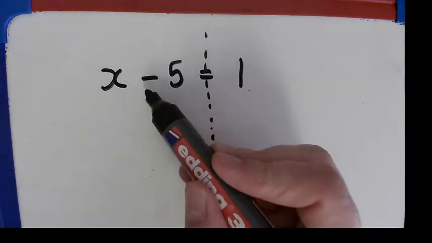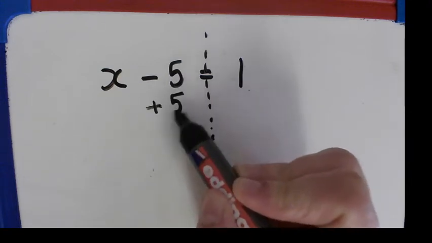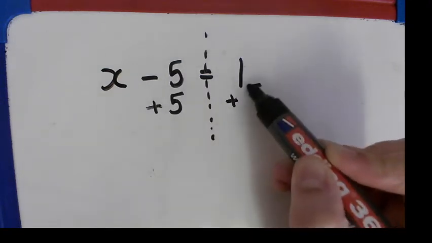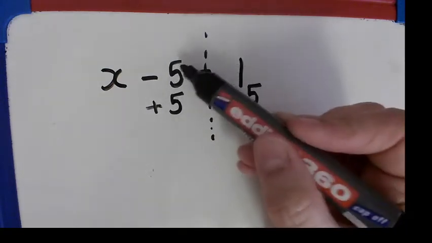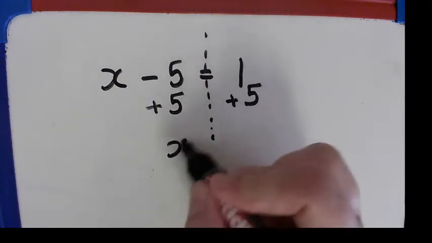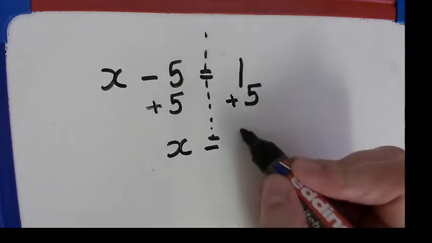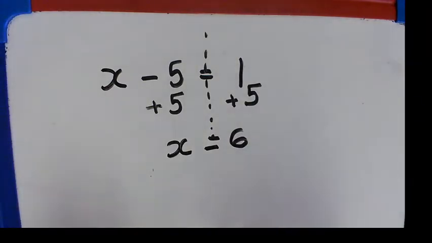So to undo minusing 5, we're going to add 5. And whatever we do to one side, we do to the other. Now minus 5 plus 5 disappears. So I'm left with x. And on this side, 1 plus 5 is 6, which is probably what you were thinking in the first place.